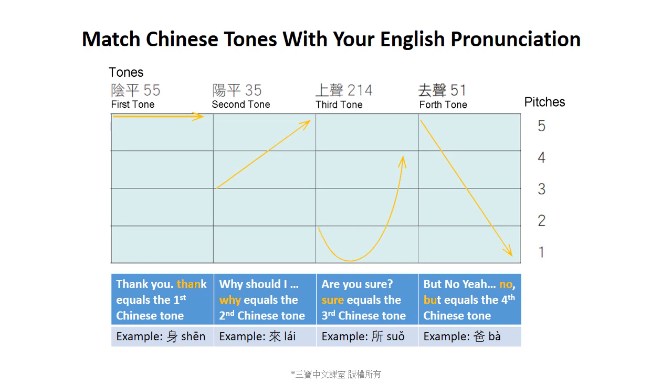Think. What? Sure. But. In your study, you don't have to follow the method I explained here today to learn the tones. The main purpose of this lesson is really to release your feel about Chinese tones.